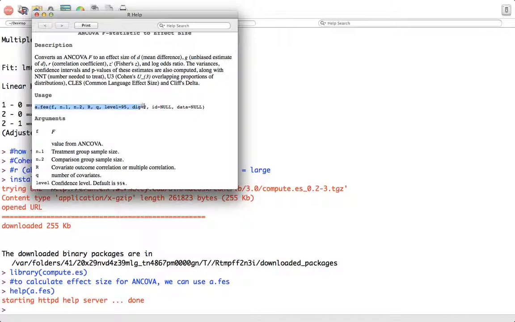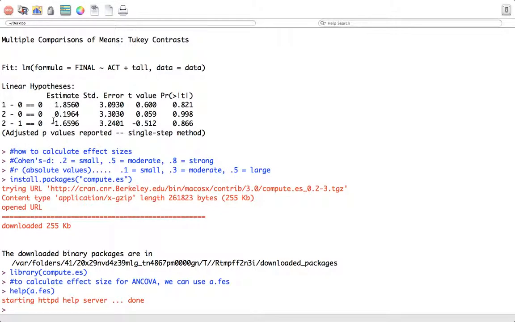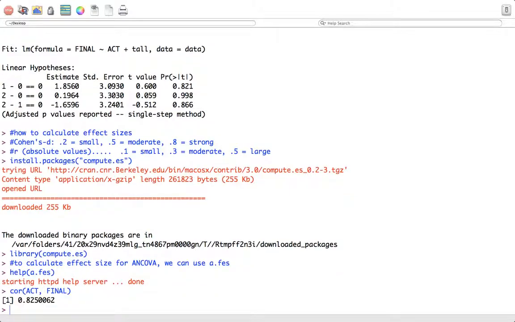So what I want to do here is copy that, and close this down because I've got a pretty good idea of what's going on. Well, I need something before I do that. I need the correlation, don't I? So let's calculate the correlation between our covariate and our dependent variable.